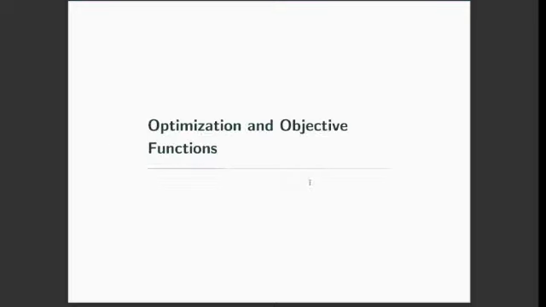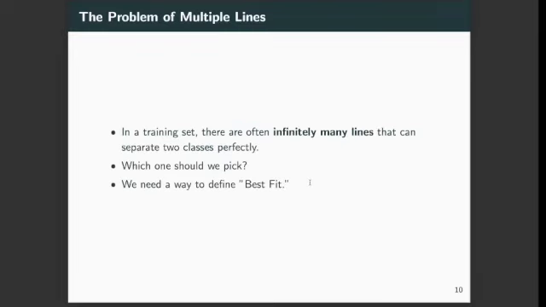Now let's talk about optimization and objective functions. In the training set, there are often infinitely many lines that can separate two classes perfectly. So which one do we pick? We need a way to define what the best fit looks like.